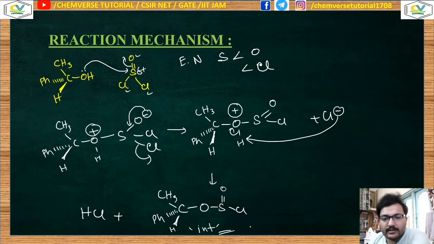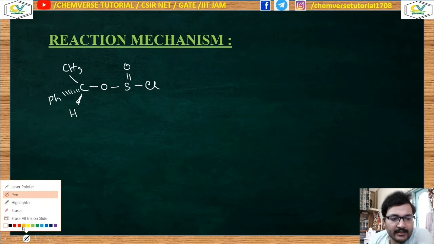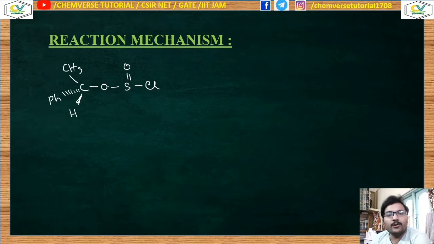You can think that one kind of intermediate is forming. Now this intermediate plays a very important role. So this is our intermediate. What we can see is that the bond breaks in such a way that this bond breaks to form S double bond here and this bond breaks to produce Cl minus.